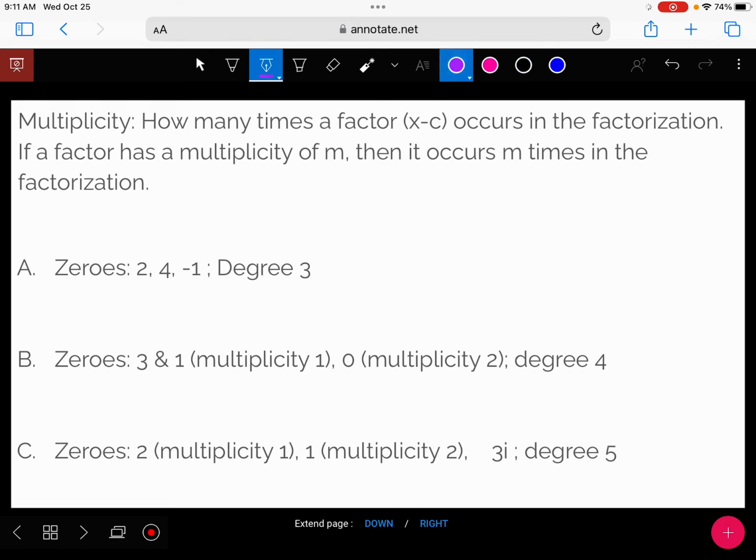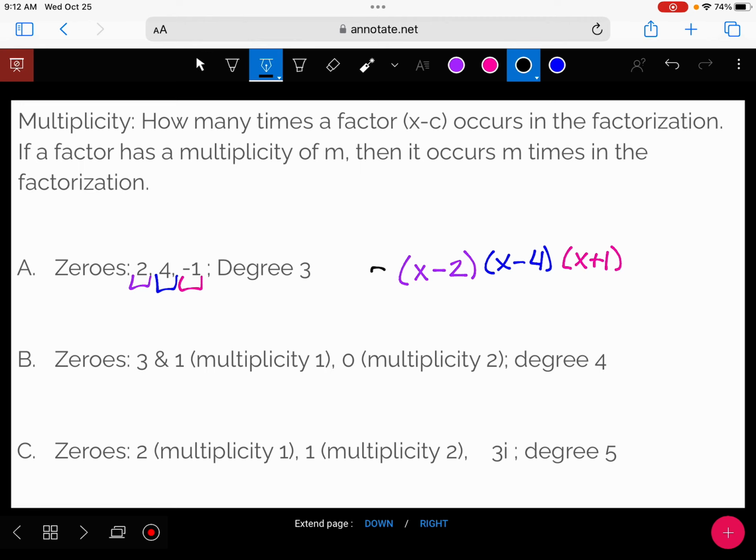So how do I write a factor that's going to give me a 0 of 2? X minus 2. How do I write a factor that's going to give me a 0 of 4? X minus 4. Okay. And a factor, all right, what is a factor for a root of -1? X plus 1. Do we know what our leading coefficient is?